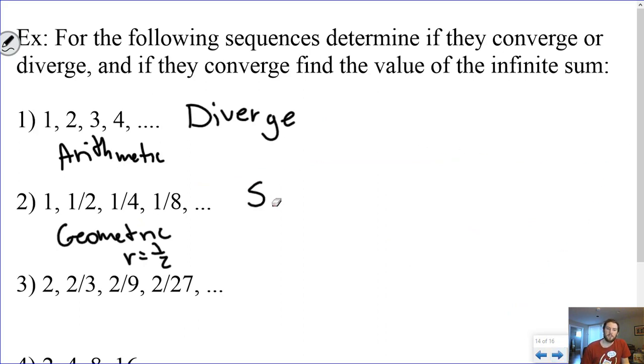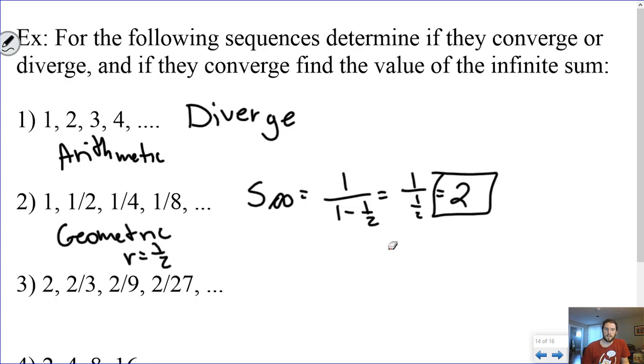The infinite sum of this series is going to be equal to my a value, which is 1, over 1 minus r, which is 1/2. So 1 over 1/2 is 2. So this series is going to converge, and this infinite sum is 2.